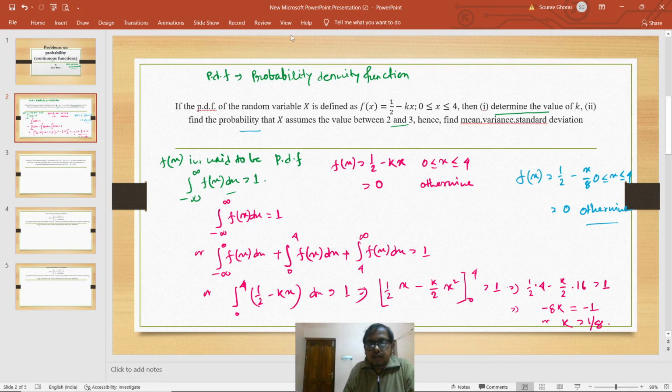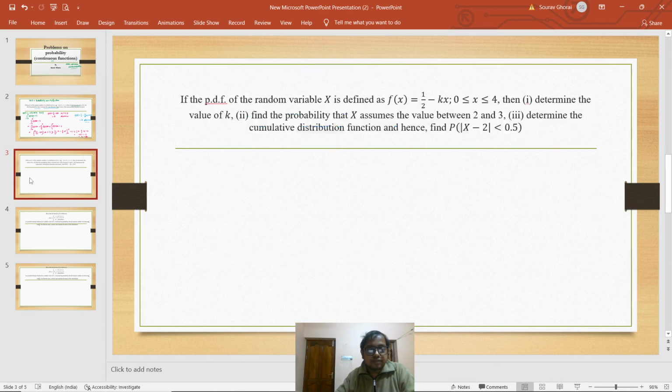We have to find the probability that x assumes a value between 2 and 3. So how can we find it? Let us check how we can solve it.